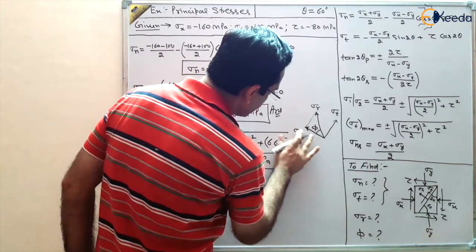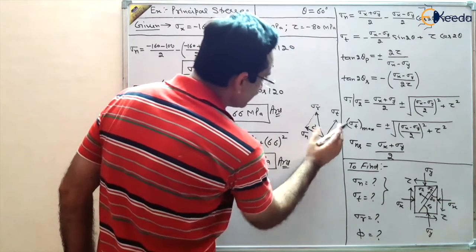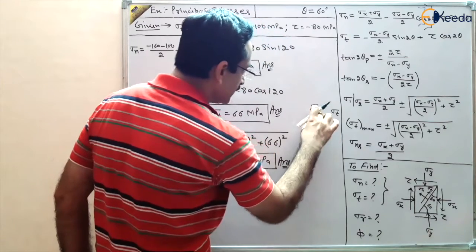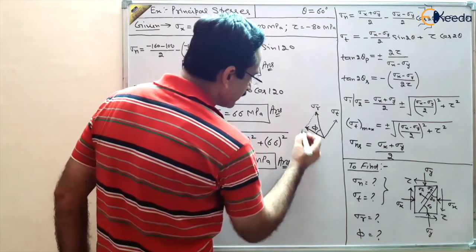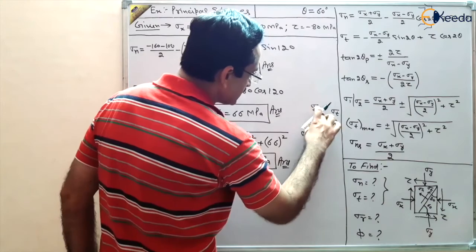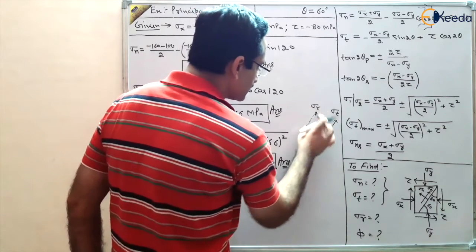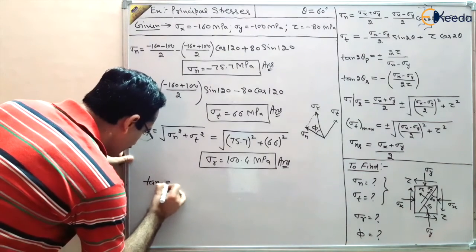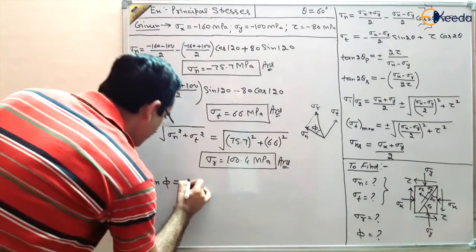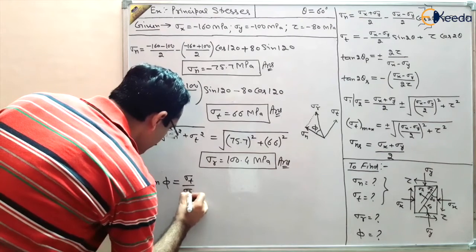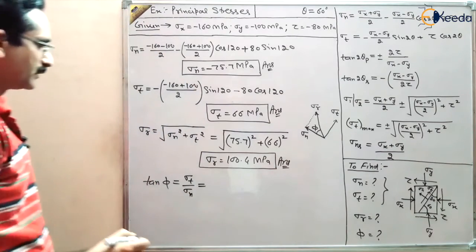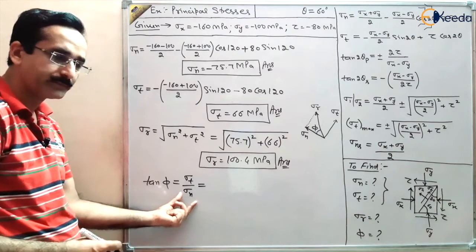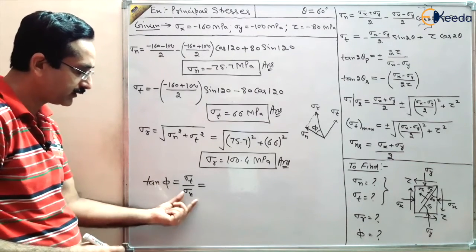So tan phi will be equal to sigma t upon sigma n. This will give the angle between the resultant and the normal.